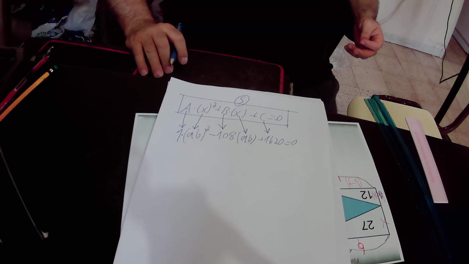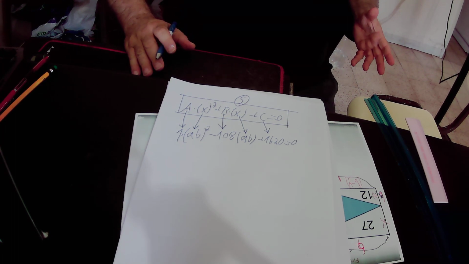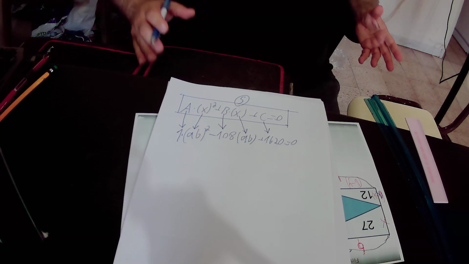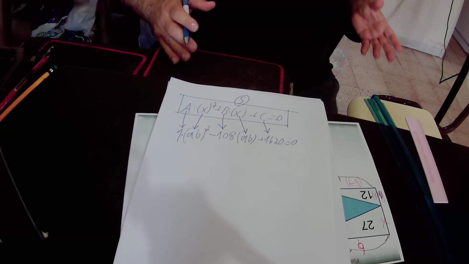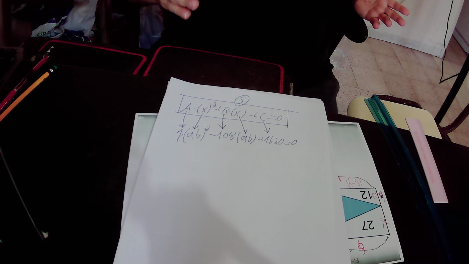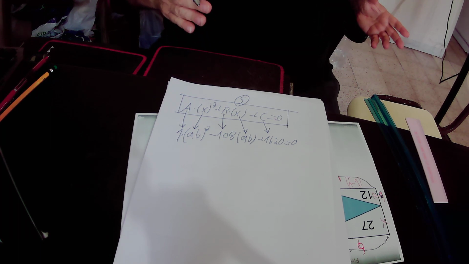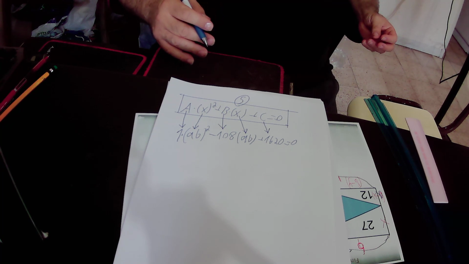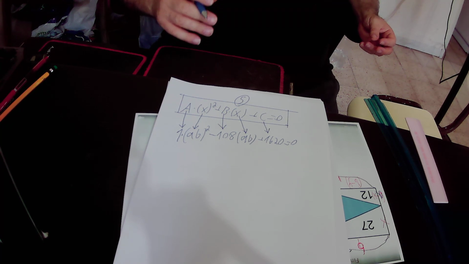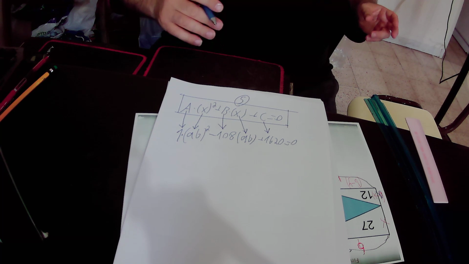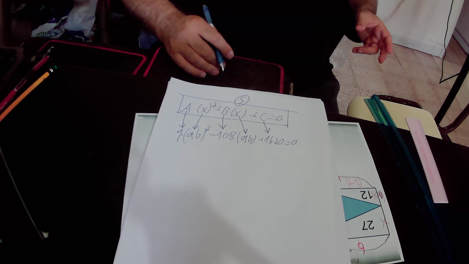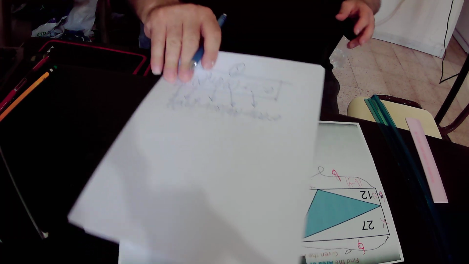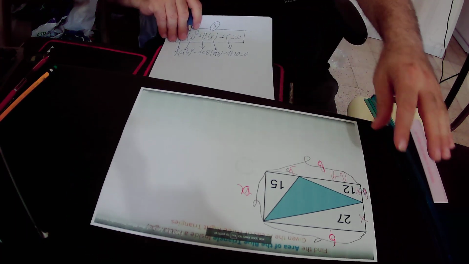So those are the values of a, b, and c, and the variable in our specific quadratic equation is A times B. That is also the area of the rectangle.